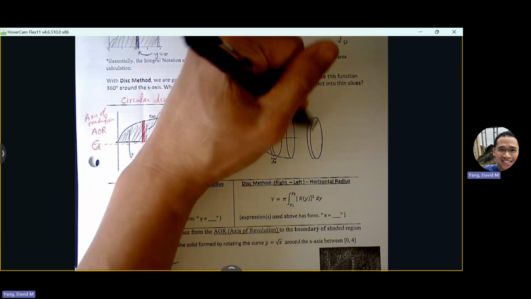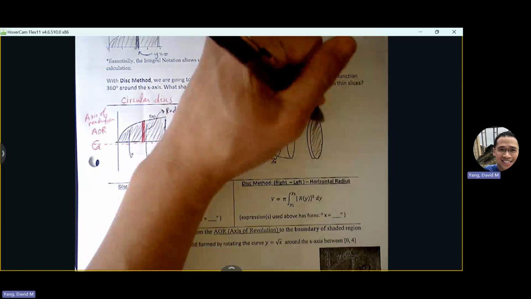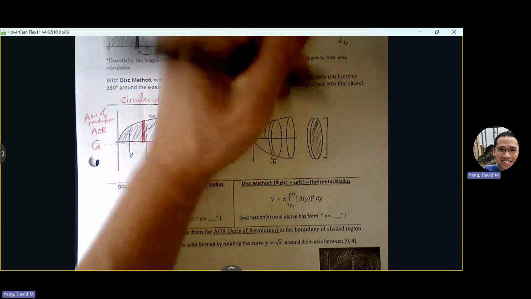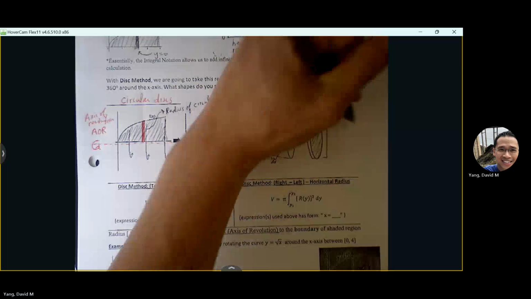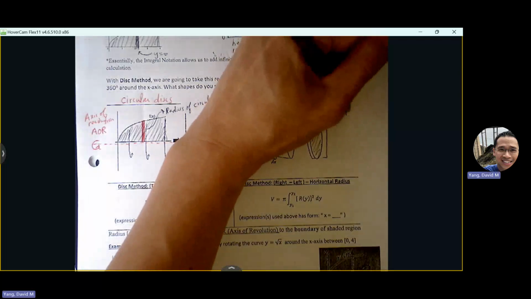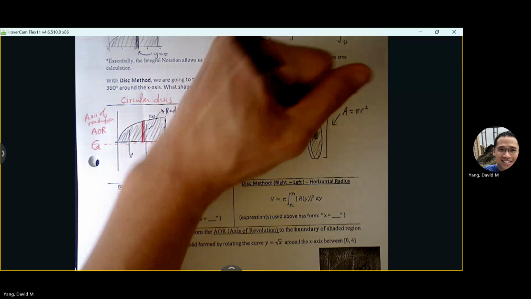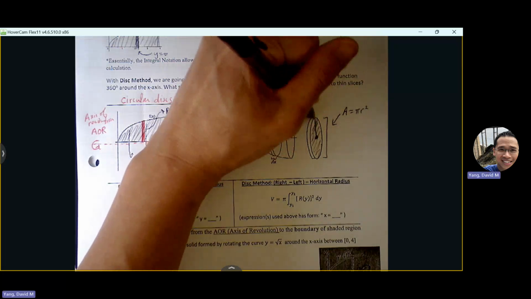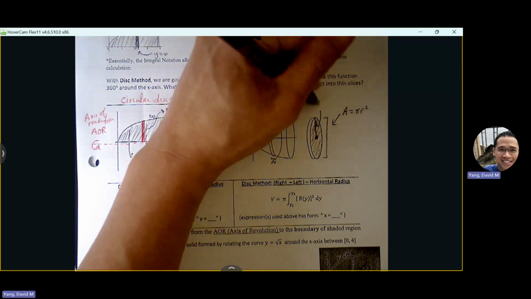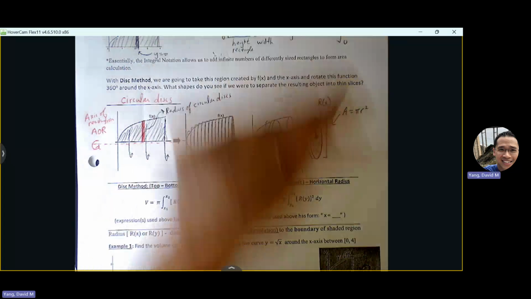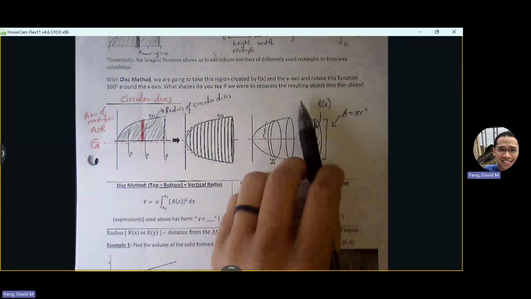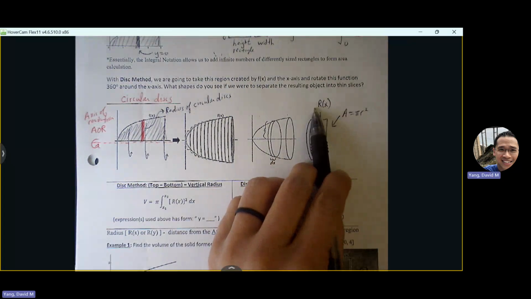So the face of this circular disc has an area of pi r squared. But we're going to call this R of x, which represents the radius. We purposely use an uppercase R because later on we're going to have something called the washer method, where we're going to subtract a hole out of the object.